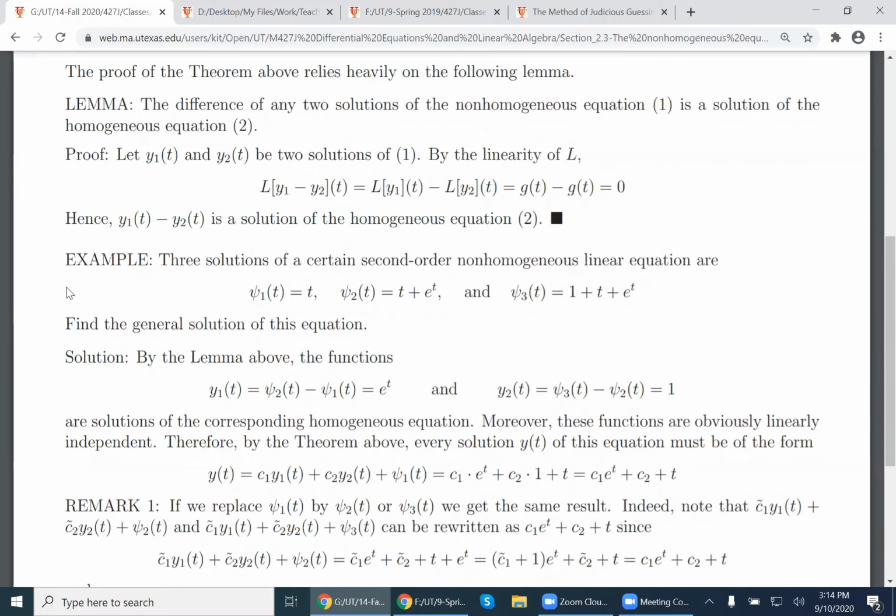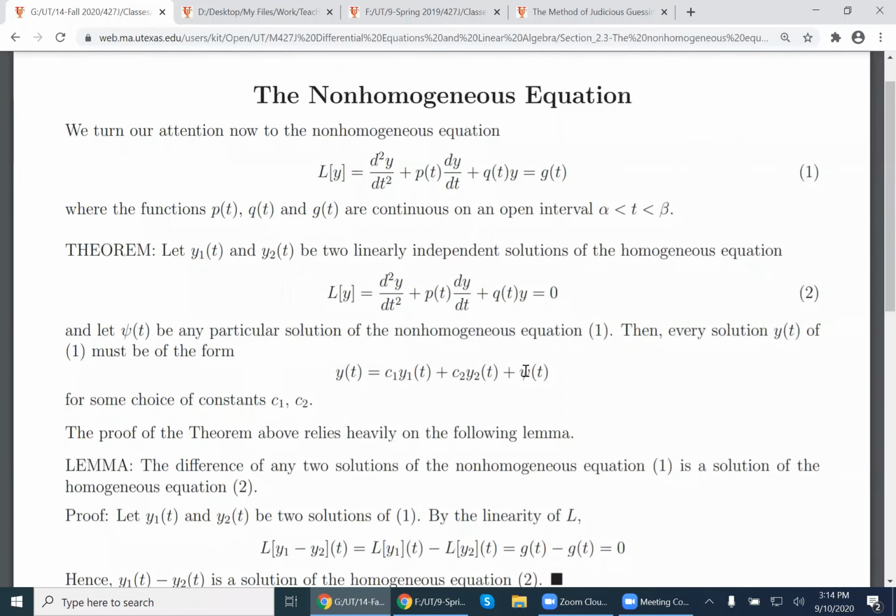I thought the particular solution has to also include the first term, like the c's and the y's. No. Psi is a particular solution, just any solution, but of the non-homogeneous equation.